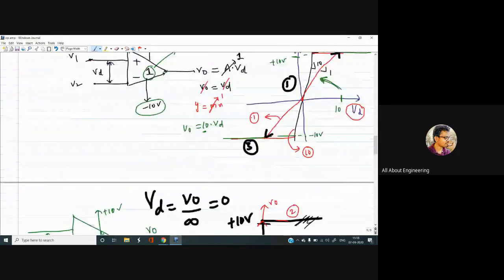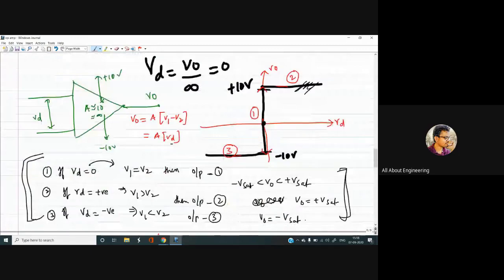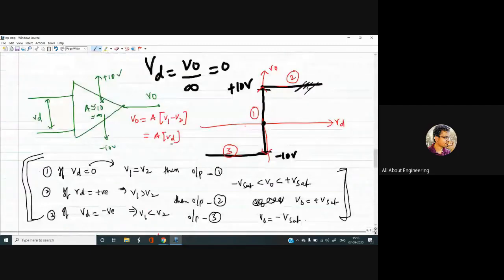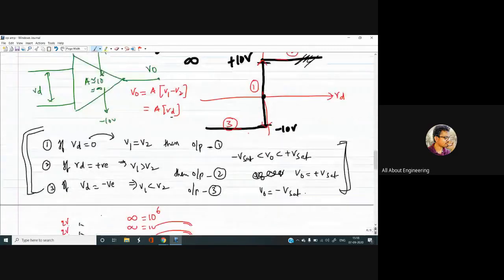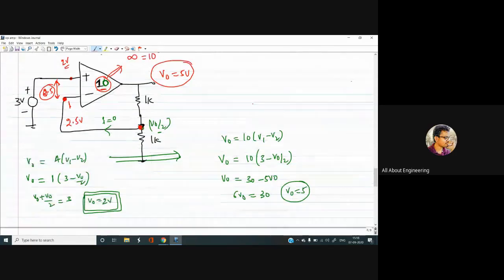We saw the transfer characteristics of an operational amplifier, and piecewise analysis of the transfer characteristics. Then I explained how the output of an operational amplifier gets stabilized after repetitive fluctuations, which is called the transition time.